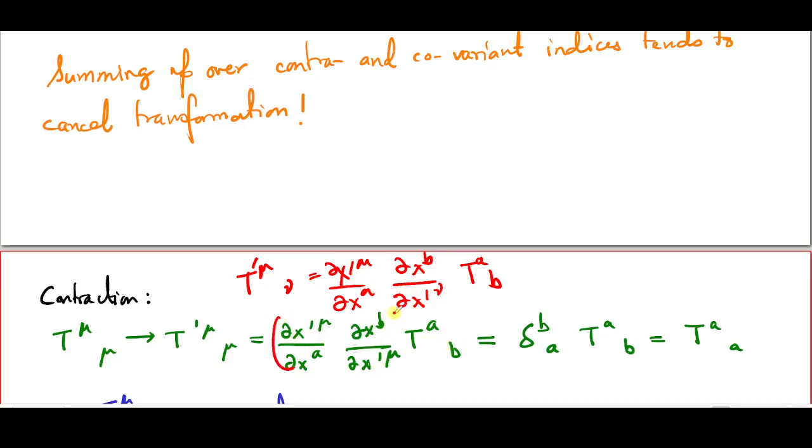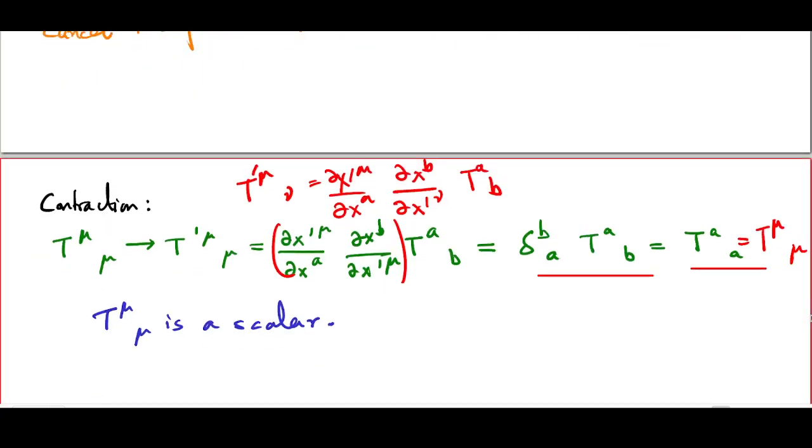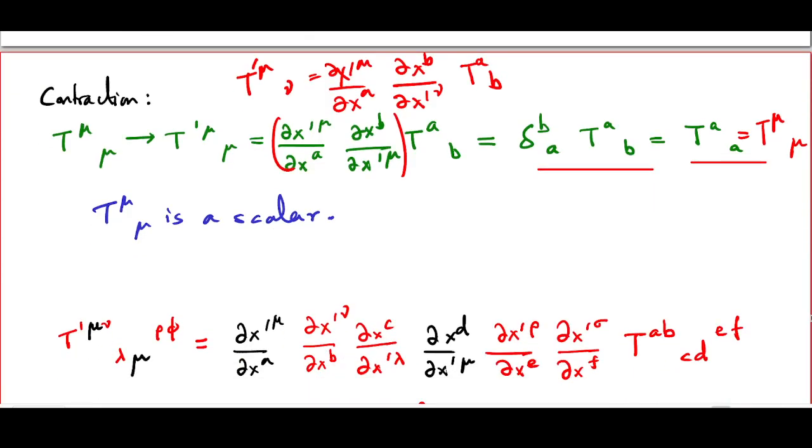Now this summed up over all mu is simply del x b over del x a, and that's delta b a, and therefore once this summation is done you end up with T a a. So T prime mu mu is the same as T a a, which of course can also be written down as T mu mu, something which will not change under a coordinate transformation. So T mu mu is a scalar.